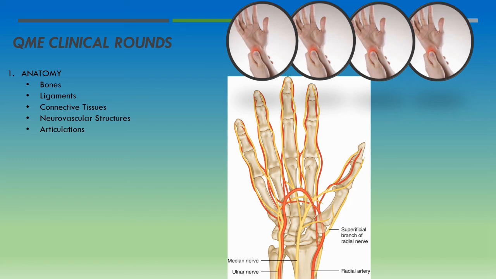We have the radial artery coming down across the wrist and into the hand here, bringing blood supply to the thumb and all the way to the distal phalanges of each of the fingers.